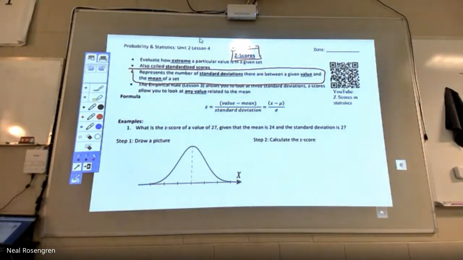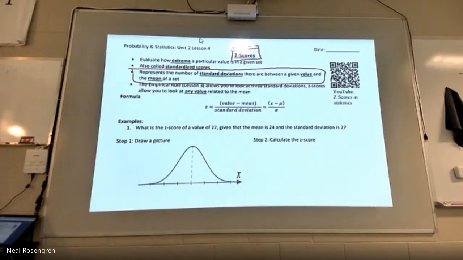It's figuring out how many standard deviations it is away from the average. Am I the average? Am I 1 standard deviation away? Am I 2 standard deviations away? Am I -3 standard deviations away? Depending if I'm more or less, could be positive or negative. Am I 1.3 standard deviations away? Whatever it is, that's called a z-score, okay?